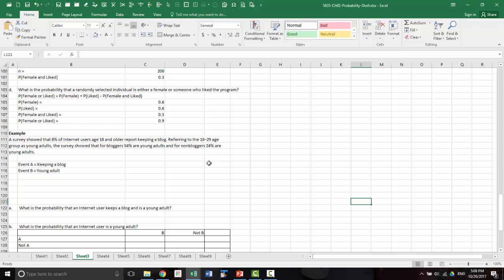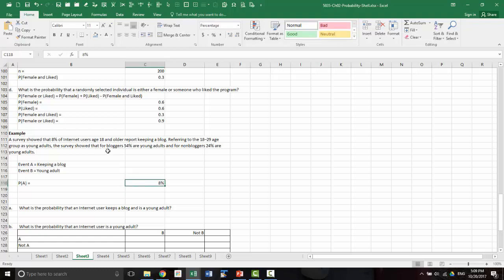So the 8% here is for the entire population, young adults as well as older adults. That would be just probability of A. So probability of A is 8%. You can type 8%, and Excel will automatically convert that to 0.08 in the cell, but display it as 8%.